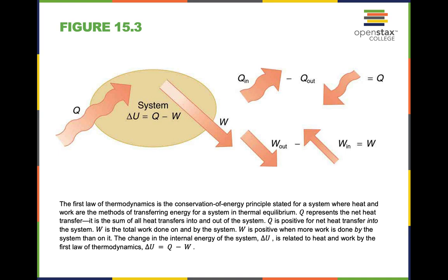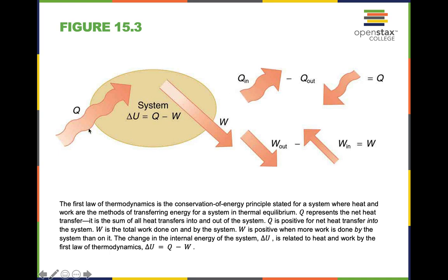Q represents the net heat transfer. It is the sum of all heat transfers into and out of the system. Q is positive for heat transfer into the system. W is the total work done on and by the system. W is positive when more work is done by the system than on it. The change in internal energy of the system, delta U, is related to heat and work by the first law of thermodynamics.